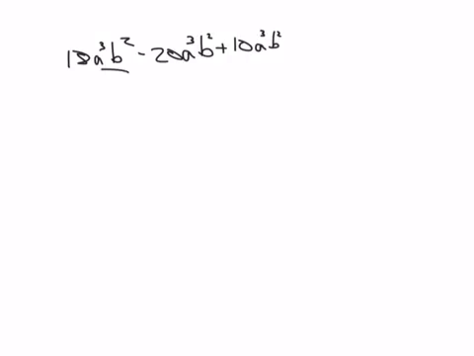All my variables are the same and all my exponents are the same, so I can add. All I'm going to do then is add my numbers. 18 minus 20 is negative 2 plus 10 is positive 8. And then the a cubed b squared stay the same.